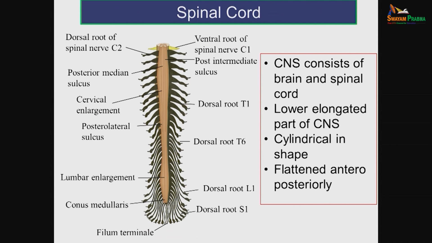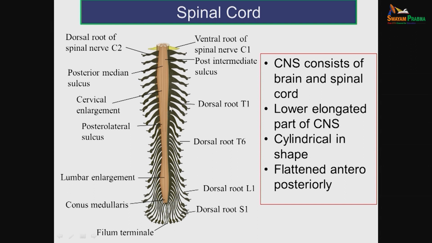We will start with the introduction to the spinal cord. As you all know, the central nervous system consists of the brain and spinal cord. So, the spinal cord is the lower elongated part of the central nervous system, which is cylindrical in shape. It is also flattened antero-posteriorly.